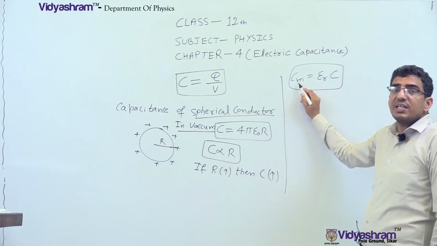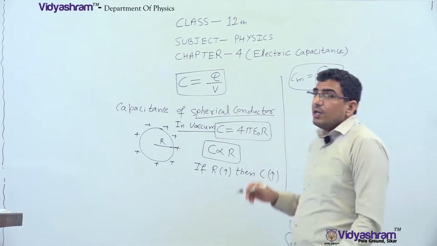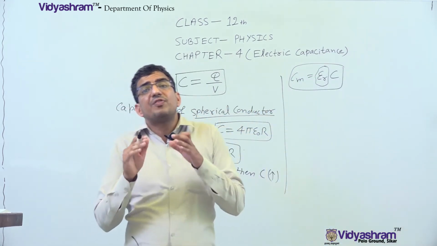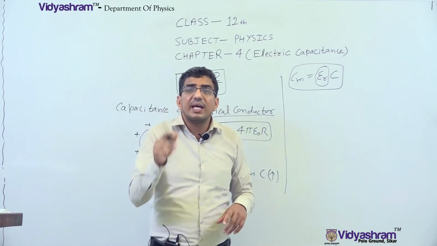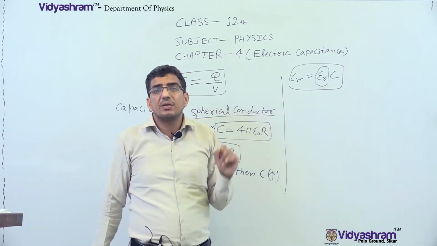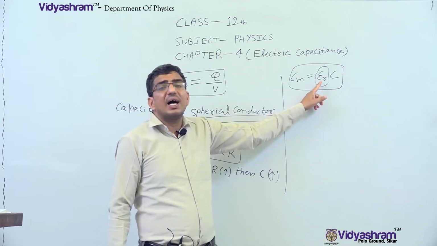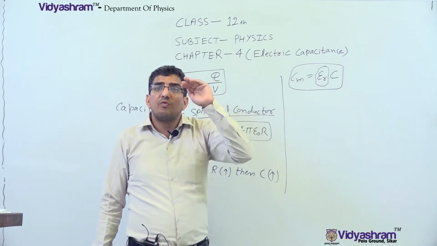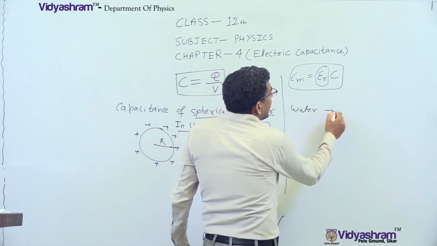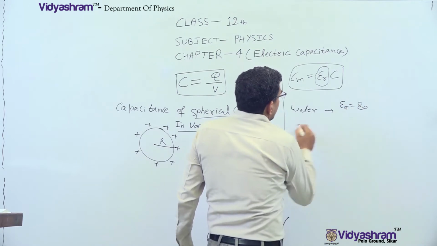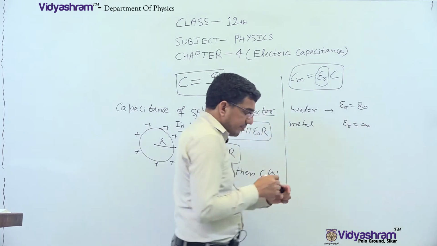The value of epsilon R is different for different media. For air, epsilon R is 1. For paraffin wax, it is 5. For water, epsilon R is 80. For metal, epsilon R is infinity.